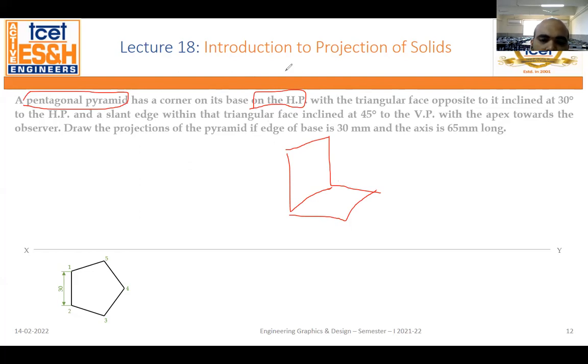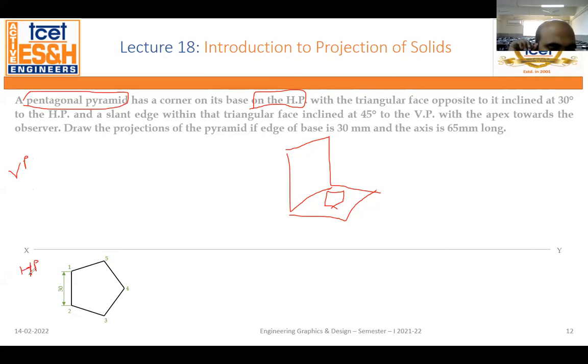Quickly, I need your acceptance. If you have any doubt, you can ask. If the pentagon is on HP, then the pentagon will come on HP only. That is why the pentagon is below the XY line. Now why below the XY line? Because below the XY line is HP and above the XY line is VP. That is the very first question that was being solved.